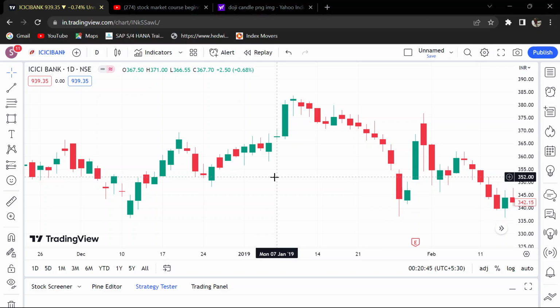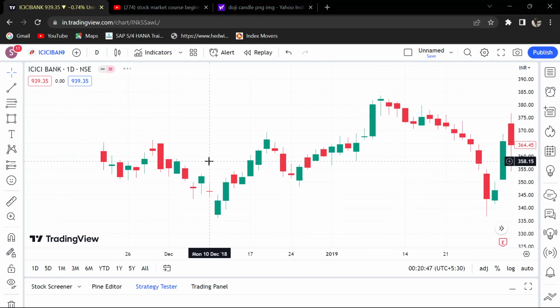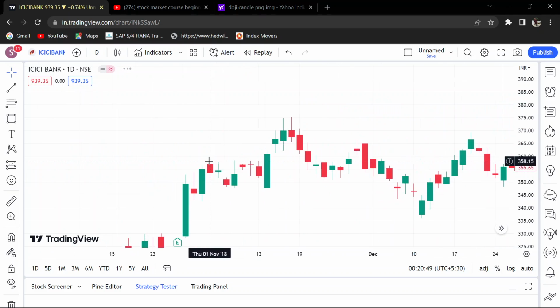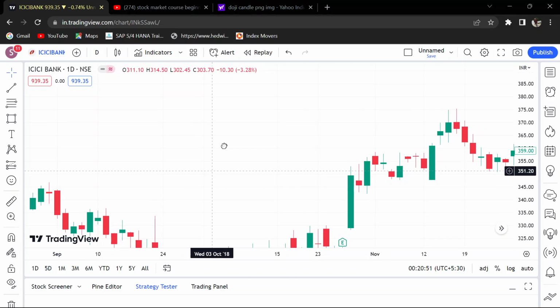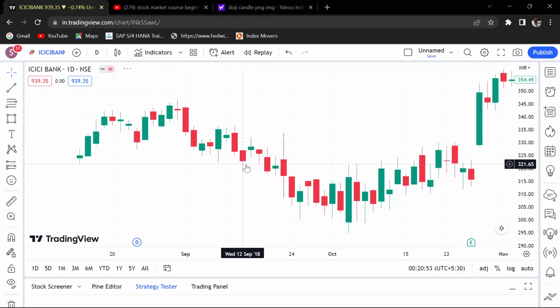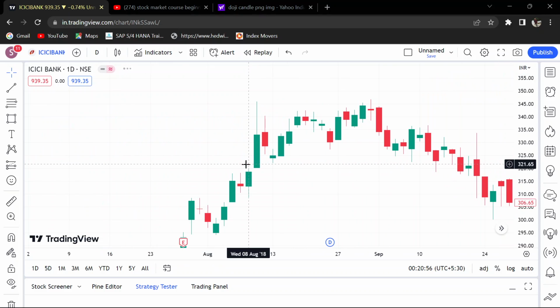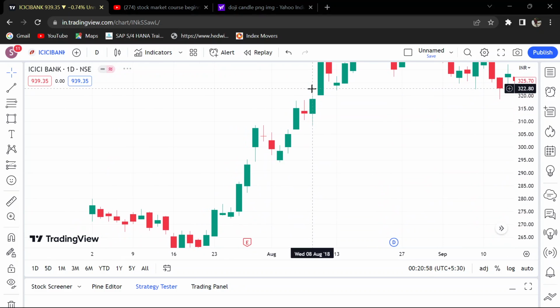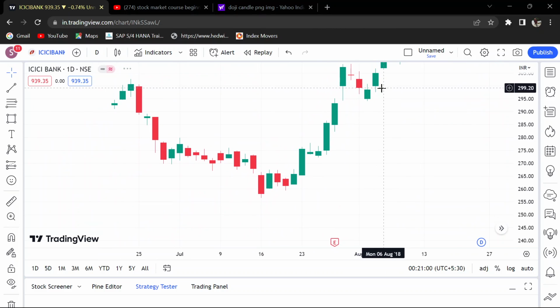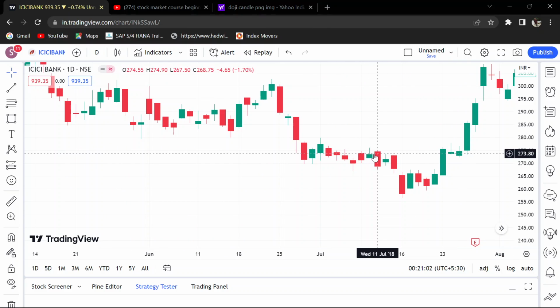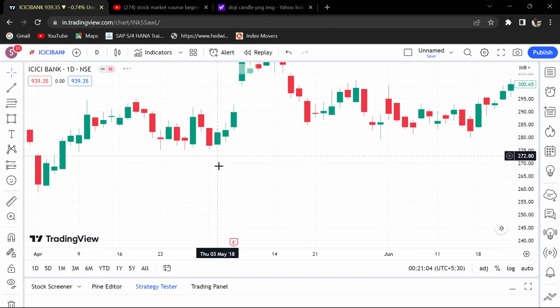So what I'm checking, right? First I'll search for a hammer. See, in the chart you will not find it exactly, so your eyes should be very sharp.